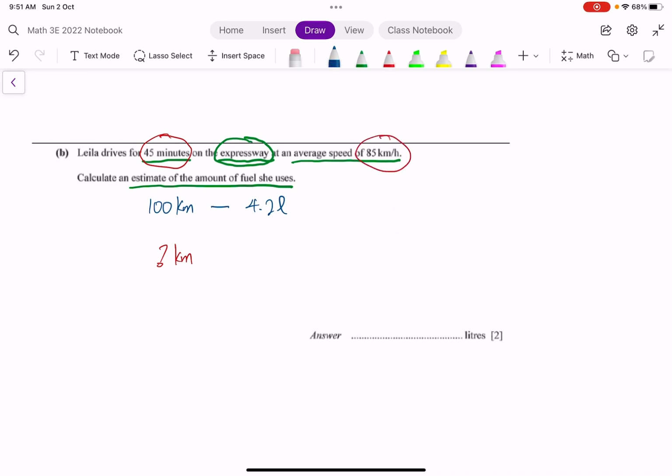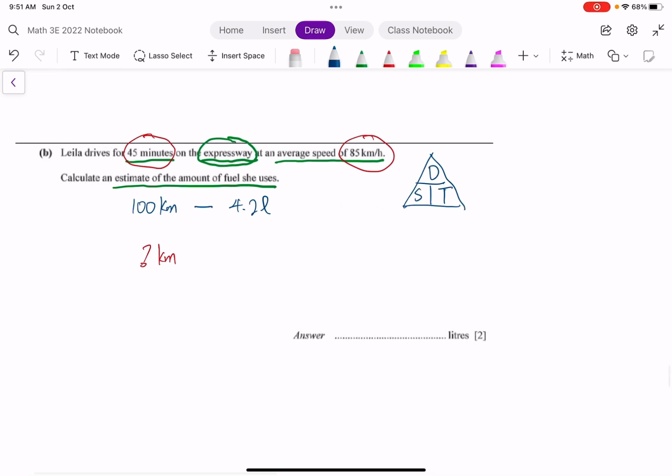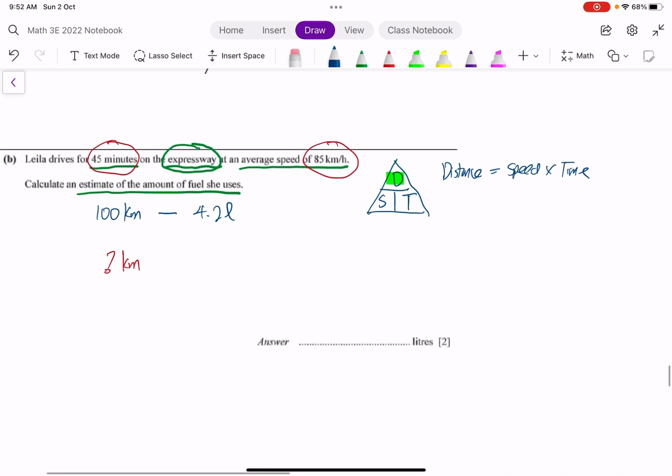Remember, in your primary school, you have this triangle, the DST triangle. In order for you to find the distance, you need to take the speed times the time. So distance equals the average speed times the time. In this case, the speed is 85 kilometers per hour times the time, which is 45 minutes.